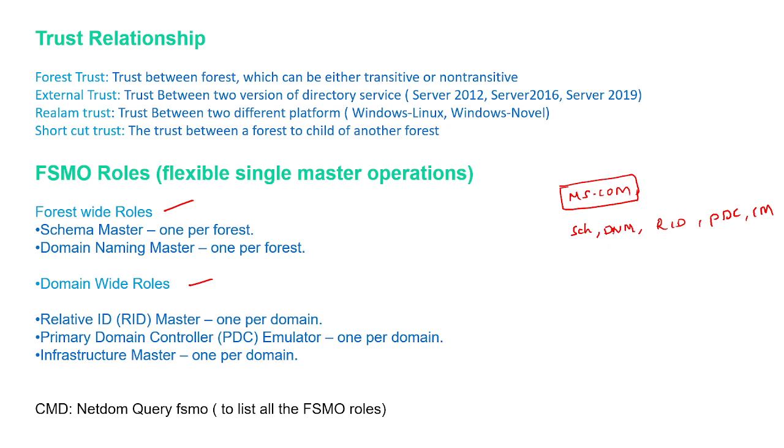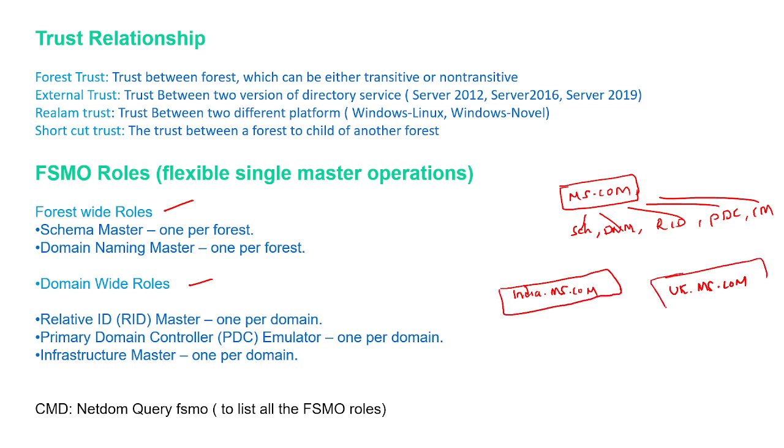All five FSMO roles will be there. When you create another child domain, for example India.Microsoft.com, UK.Microsoft.com, even these domains will also have five FSMO roles.